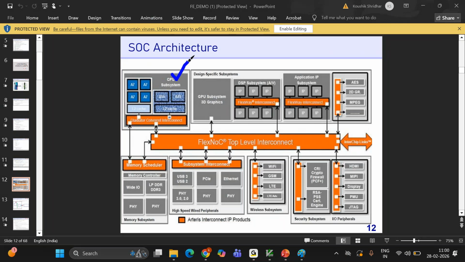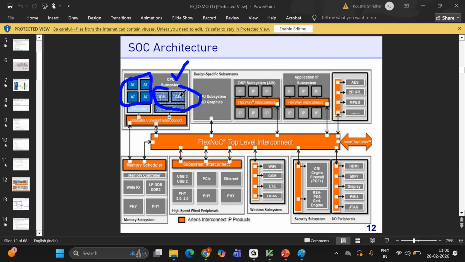So here, what all do you see? The CPU subsystem. What does the CPU subsystem have? It has four A7. A means ARM Cortex, the ARM A profile, Cortex-A7 series processor. There are two A15 here. Again, it's an ARM A profile. A profile means application profile.